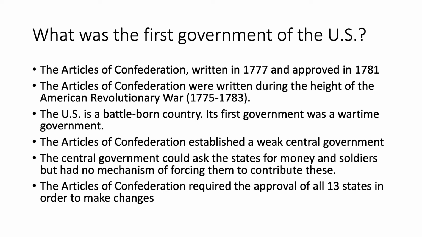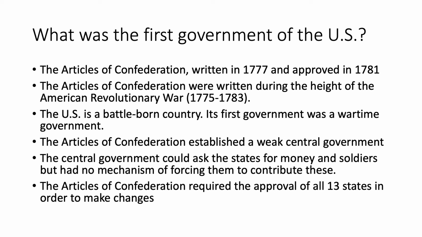The government was simply too weak. For example, it could ask for money and soldiers from the states, but it could not really force the states to contribute these. And as several crises emerged, like the oyster conflict between several states, the conflict over rights for oysters, and as rebellions developed because of economic problems like Shays' Rebellion in Massachusetts, which was paralleled in a number of other states, it became clear that the central government was too weak for what it should be doing.